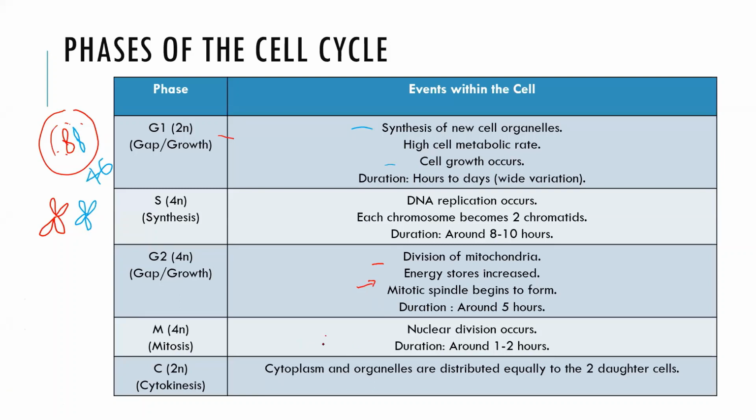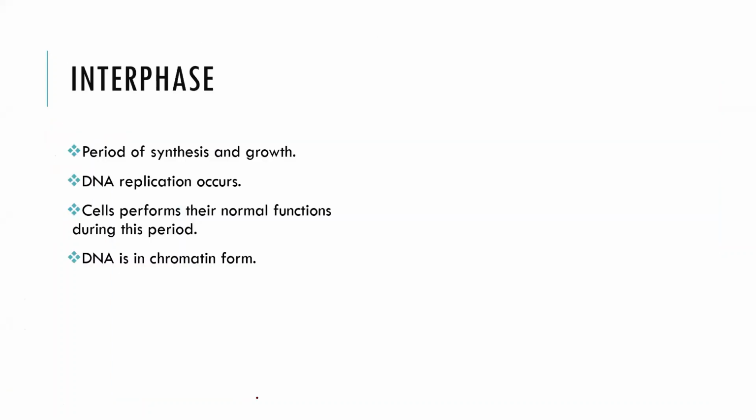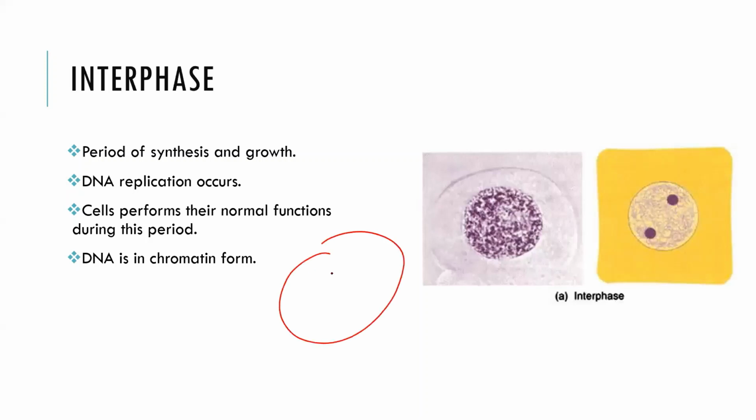Then you have the mitosis and finally the cytokinesis. If you talk about the interphase again, I have already mentioned this, right? So you have the genetic material which can be seen as chromatin, right? So the cell performs their normal function and DNA replication occurs.